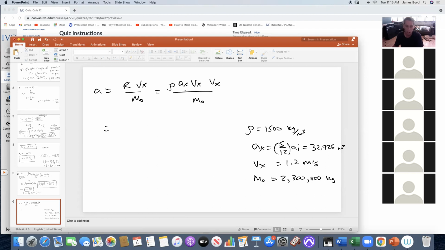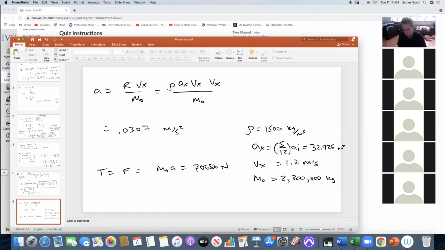And I get A is 0.0307 meters per second squared, assuming I did that right. Now, what is the thrust? The thrust is the force, which is M naught times A, which is this times 2,300,000, which is 70,686 newtons.